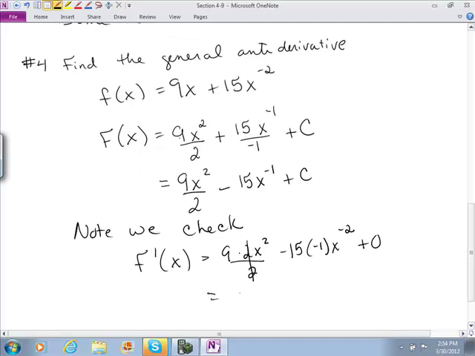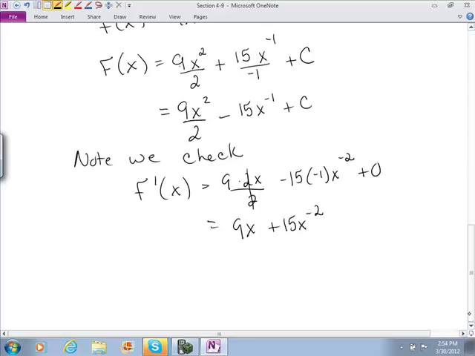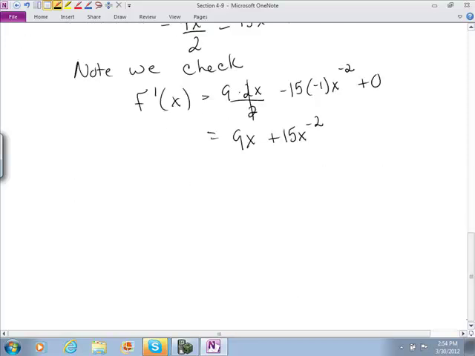So you do in fact get 9x, and the negatives cancel, plus 15x to the negative 2. It's just the 2 comes in front and the 2 minus 1. So you get 9x plus 15x to the negative 2. Okay, so they check. So this process of finding an antiderivative is called integration.